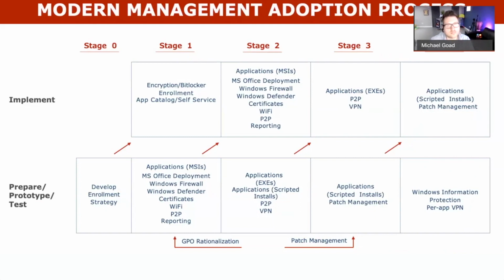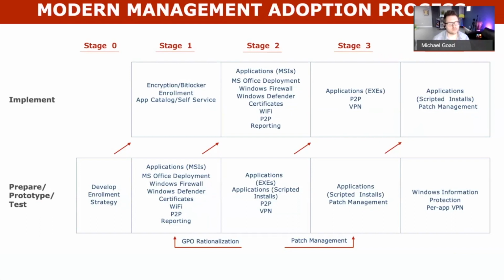And in this particular example, you see that this example customer or environment came to the conclusion that, look, in our case, we can go to GPO rationalization faster than we could patch management. Again, there's going to be a variety of reasons there, right? Maybe you have an existing patch management solution where you're just going to run out the support contract or licensing arrangement. That could be the same thing with encryption for that matter.